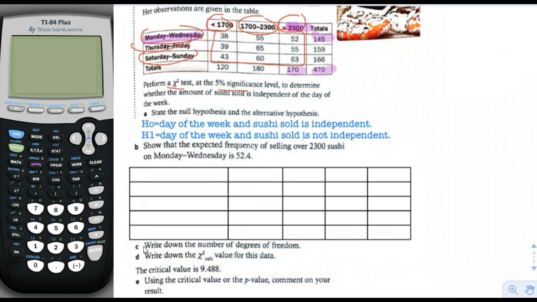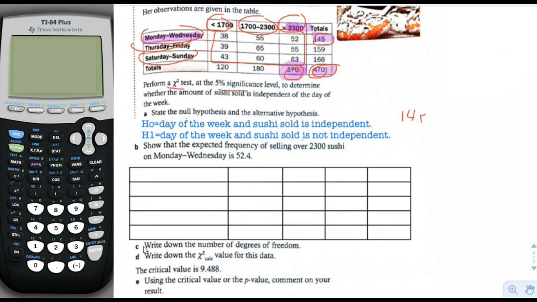The way we do that is we're going to calculate 170 divided by 470 times 145 times 470 times 470 is going to be equal to the expected frequency, which we don't know what it is yet, right?